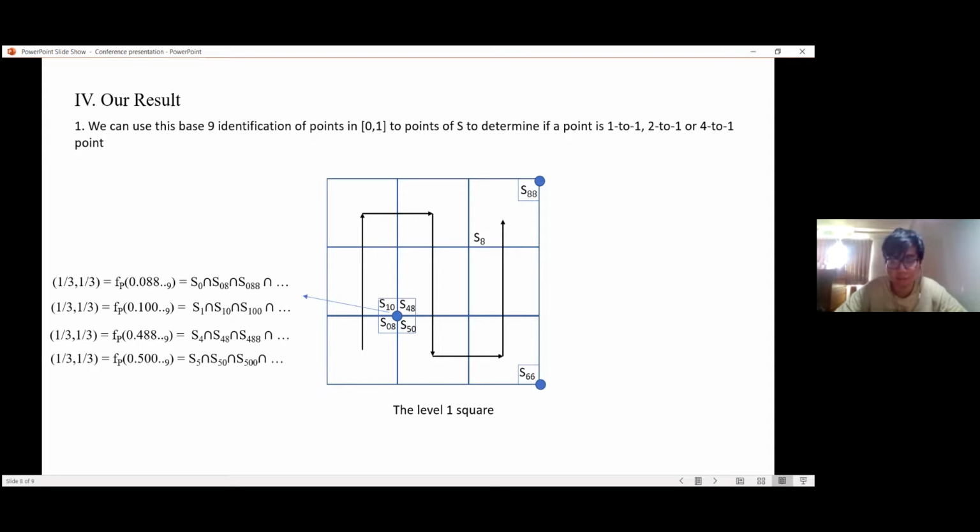Okay. So this is not, for sure, a 4-to-1 point because those two are equal. And then say the same thing happens between S48 and S50. Okay. So this is actually a 2-to-1 point. Okay, let's see where we are after that.